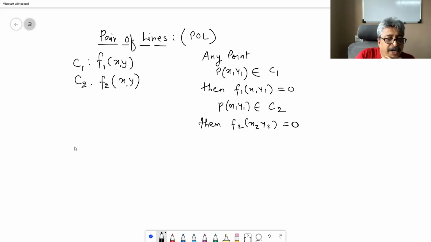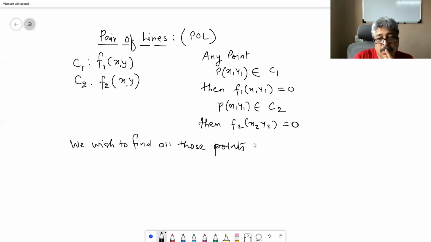So we wish to find out all those points which belong to C1 and C2 simultaneously.